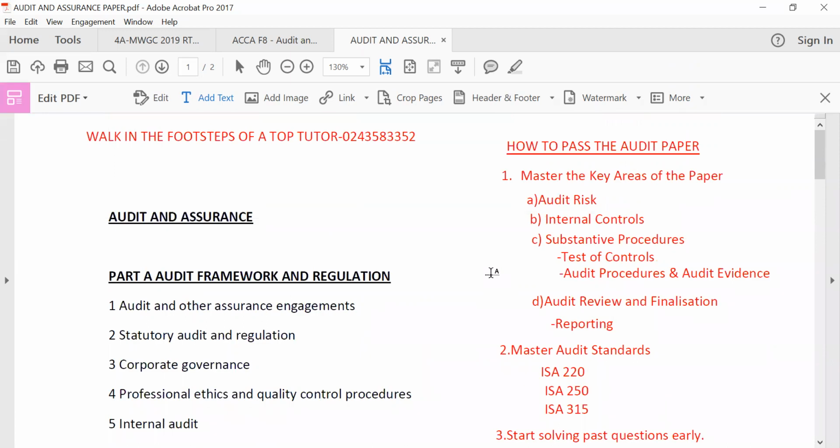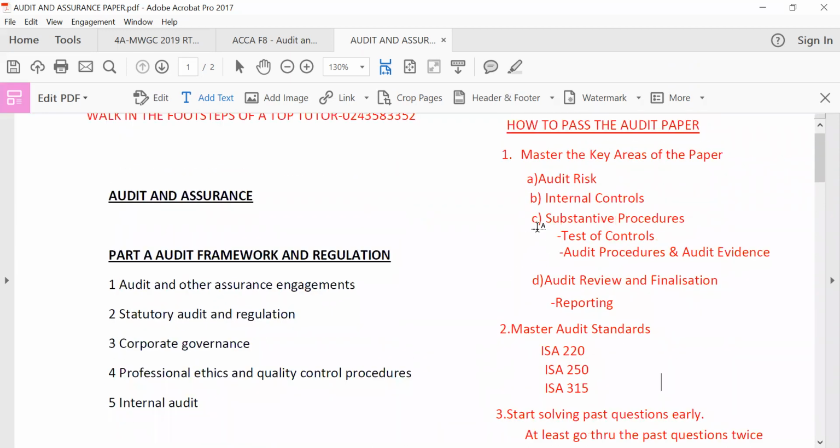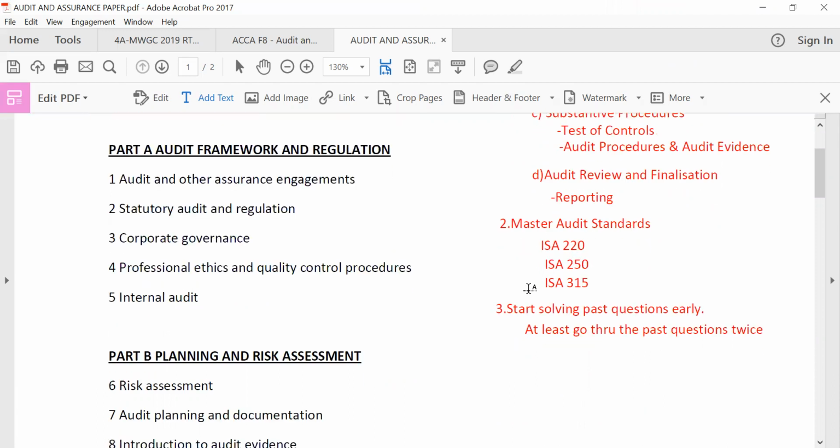The 8 students all passed the paper. Because how can it happen that we have taken you through all these areas of the textbook, giving you the guidelines, how to write answers, solving past questions with you, giving you exam tips, and you decided to also add up by solving the past questions twice.